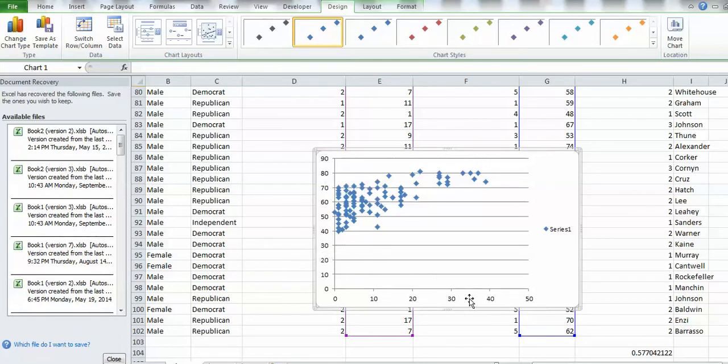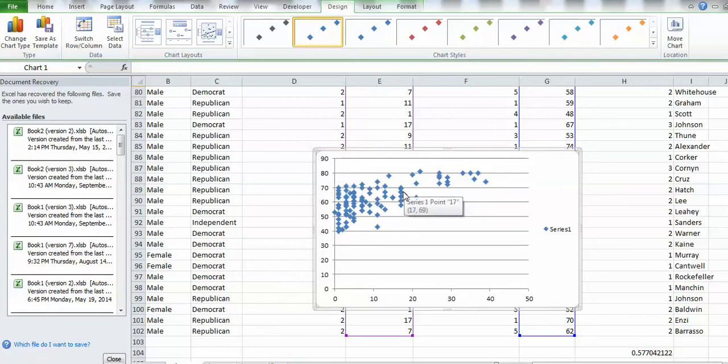We have an x-axis and a y-axis. I think it put years in office on the x-axis and age on the y-axis because that would be the only thing that would make sense based on how this data looks.